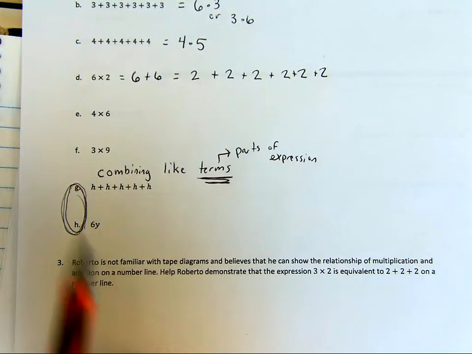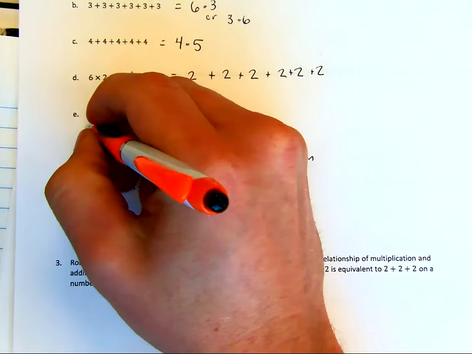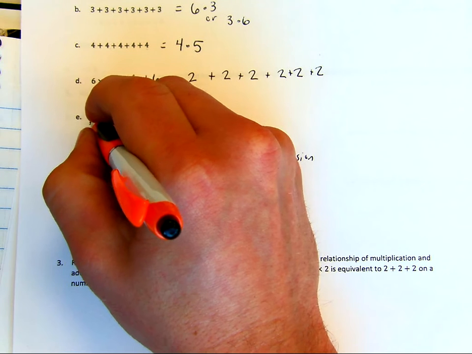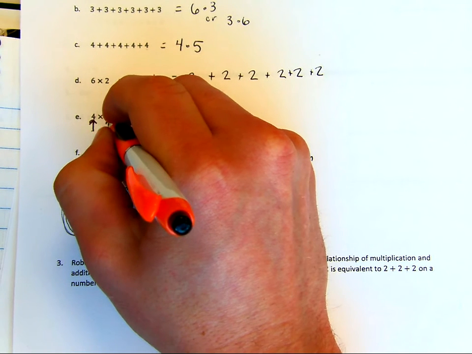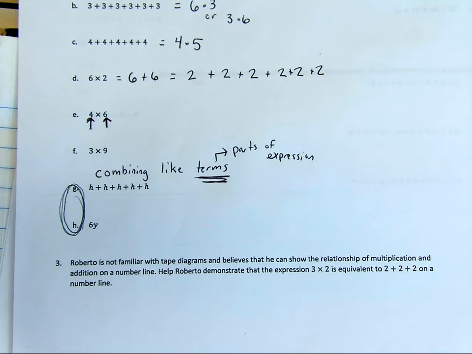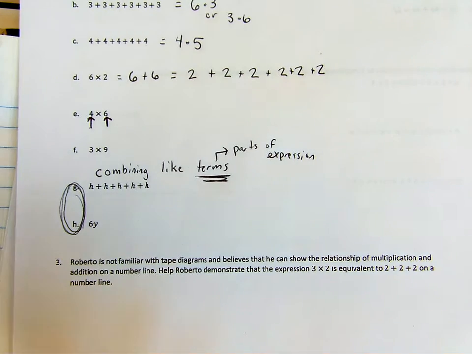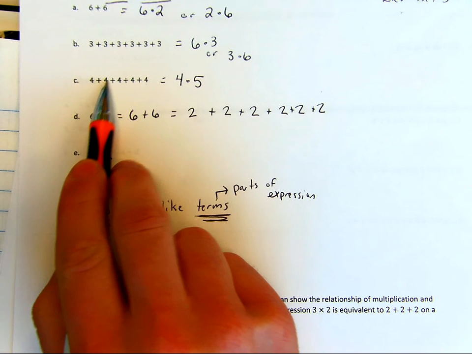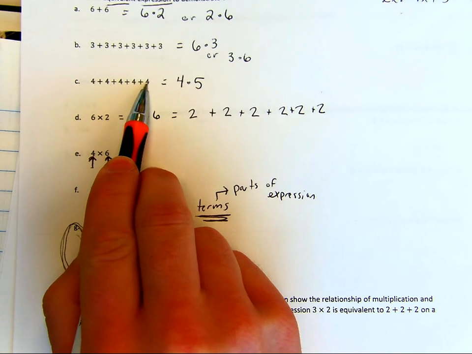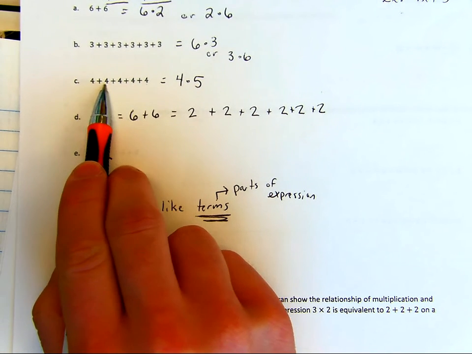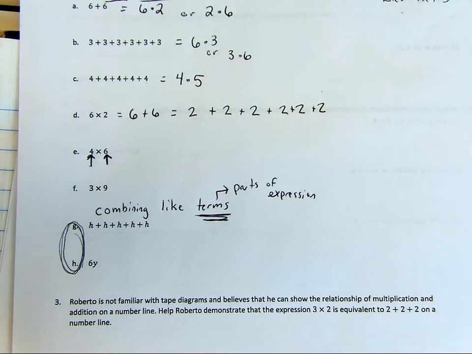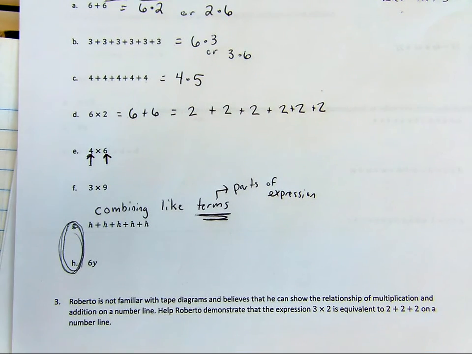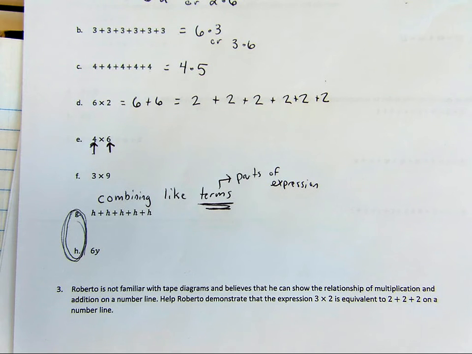So like in this E, 4 is a term and 6 is a term. All right, in C, this is a term, this is a term, this is a term, this is a term, this is a term. Right? So all the 4s in here are different, what you'd say, terms. Just a vocabulary word that you need to know what it means. Question?